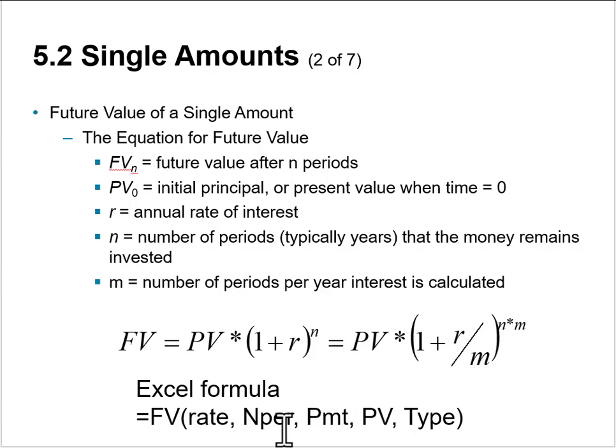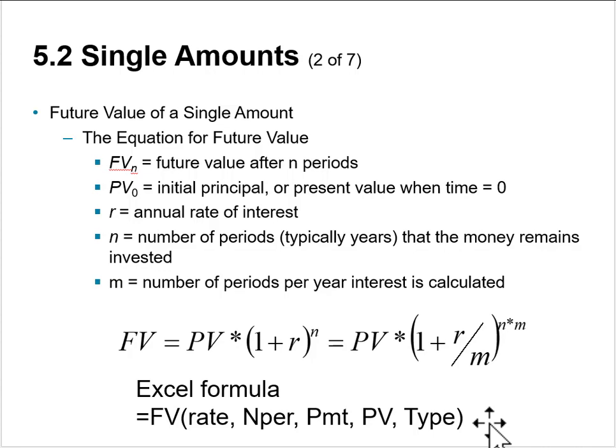Number of periods, it's N times M. Then you have the payment, if there is a payment made, you have the present value. And then we have a final variable here called type. We'll talk about this a little bit later on, but the type talks about when the cash flow is made.